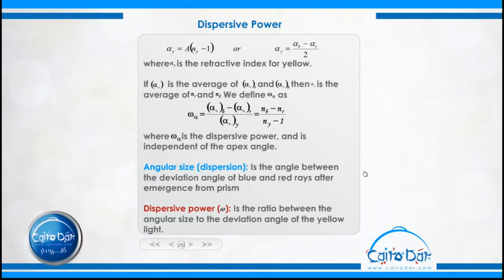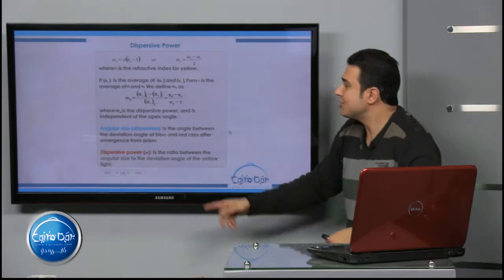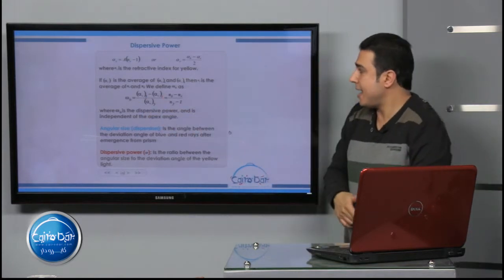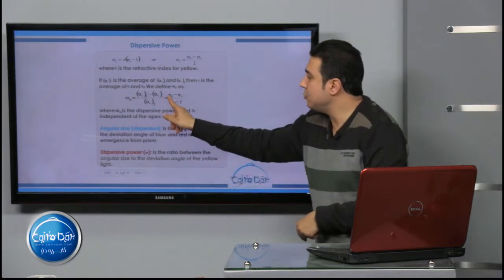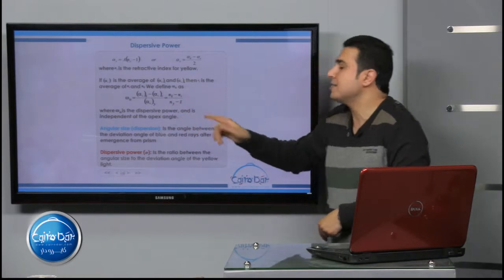So here it is n blue minus n red divided by n yellow minus 1.